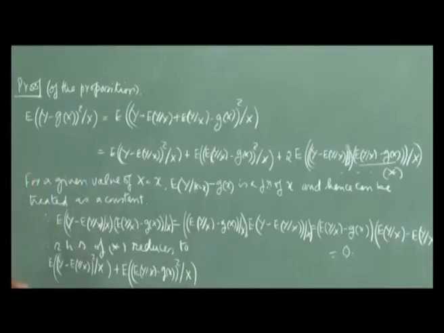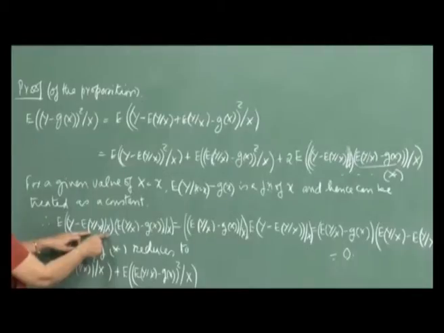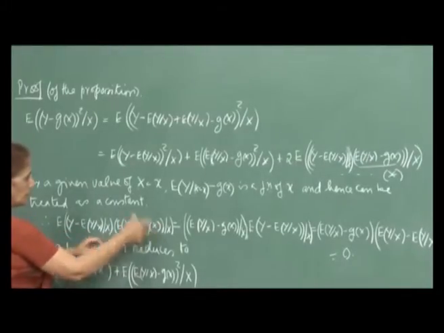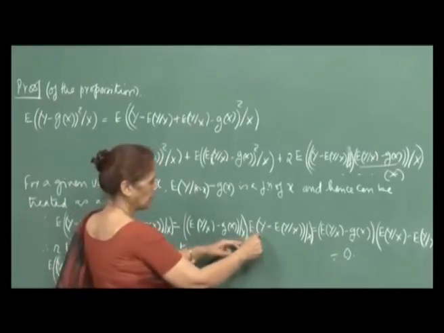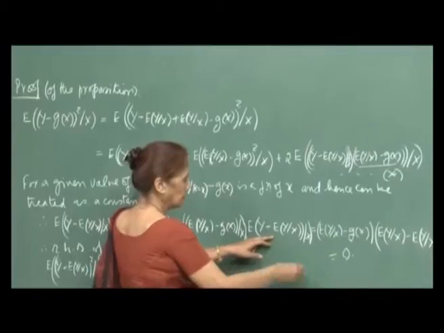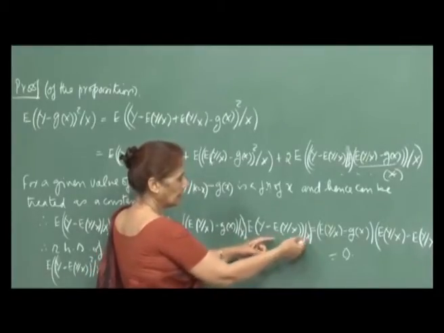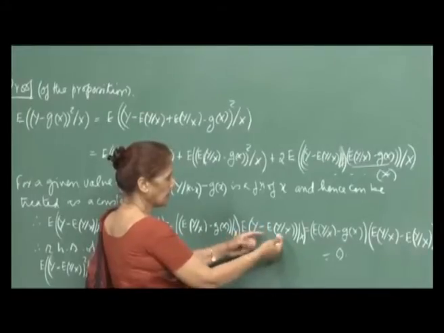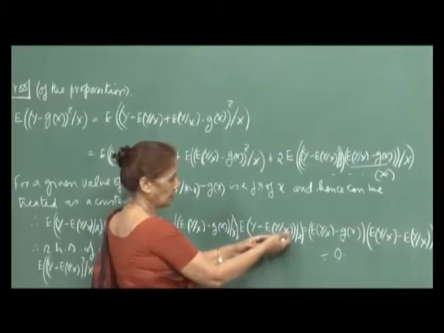And so, (E(y|x) minus g(x)) comes outside, and what remains is the expectation of y minus E(y|x), conditioned on x. Now, here again when you bring x inside, it will be y conditioned on x, and this does not change because it is already conditioned on x.